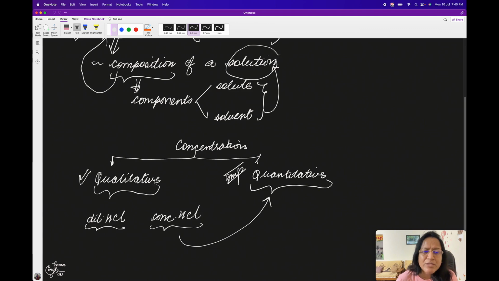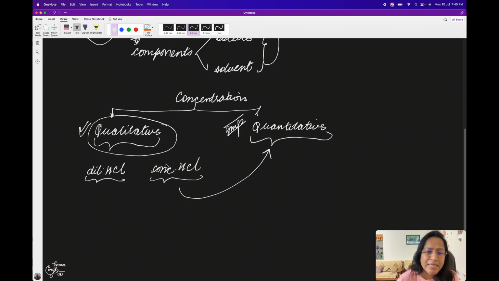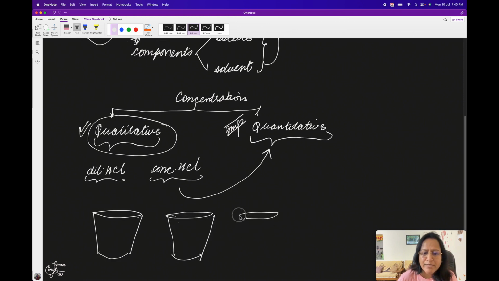So qualitative sometimes adds confusion. Let me give an example with the same orange squash. You have 3 similar glasses. In one you added this much orange squash, in the other this much, and in the third this much, and then the same amount of water was added and you stirred the solution well with a glass rod or a spoon.